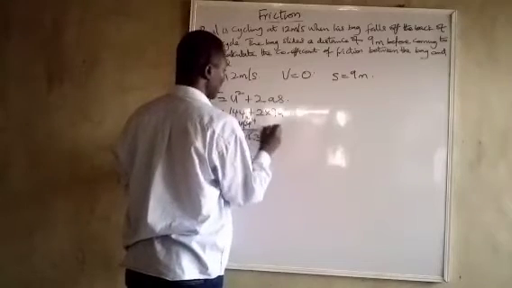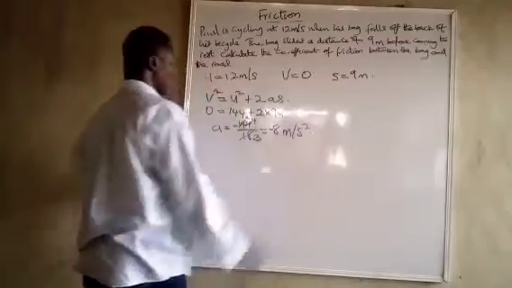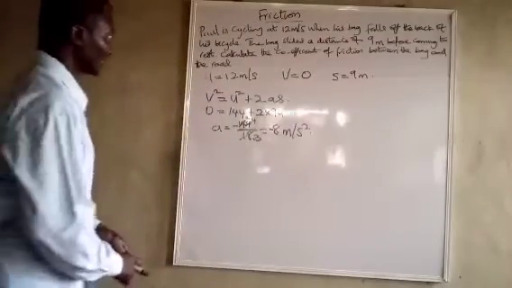So 6 here, 3 here, is 8. So I have minus 8 meters per second squared. That is the retardation.